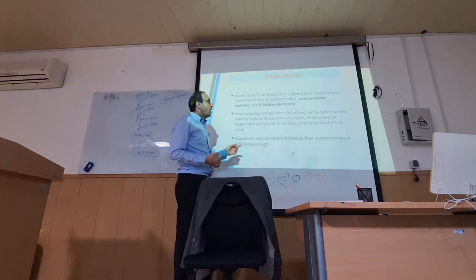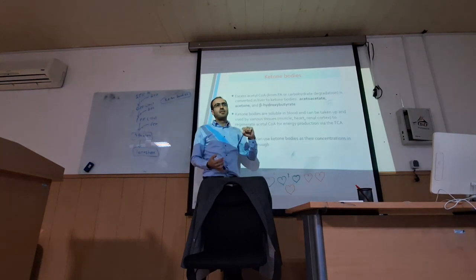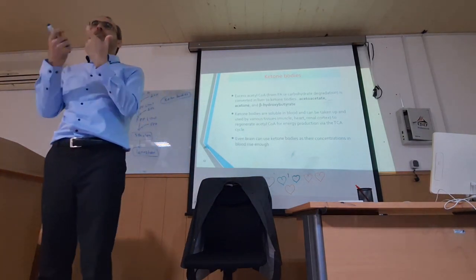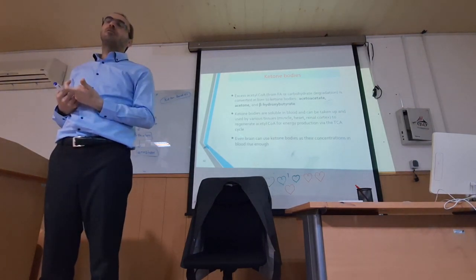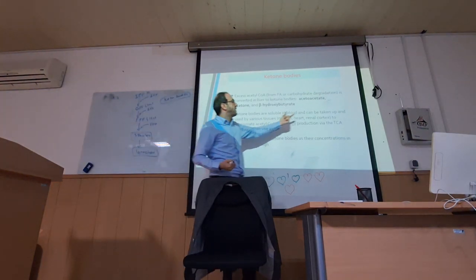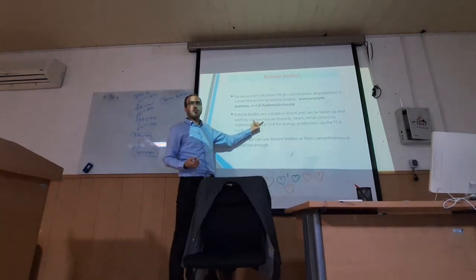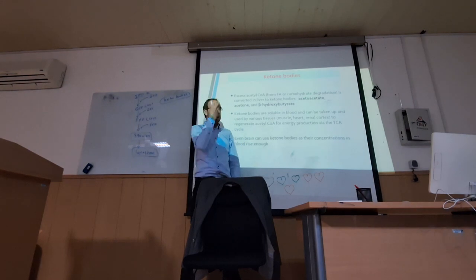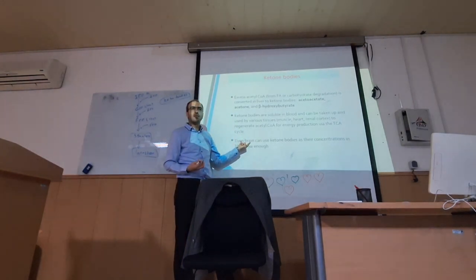So, ketone bodies are soluble in blood. They are a kind of fatty acid, but completely different because they are soluble in the blood circulation. Then they can be taken up and used by various tissues like muscle, heart, renal cortex, and specifically by the brain.